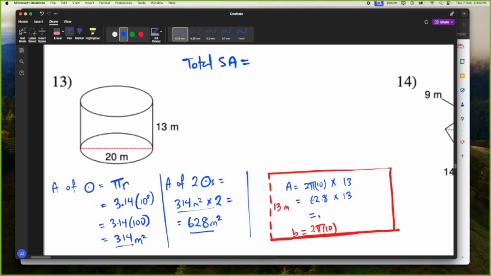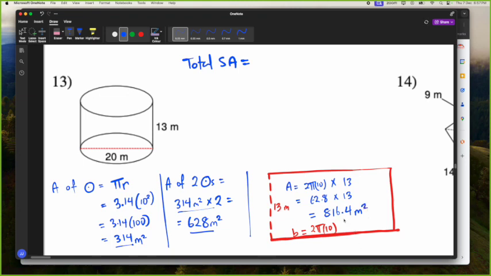What did you guys get for 62.8 times 13? Can somebody do that for me? 816.4. Okay, 816.4, and this will be meters squared, of course, right?